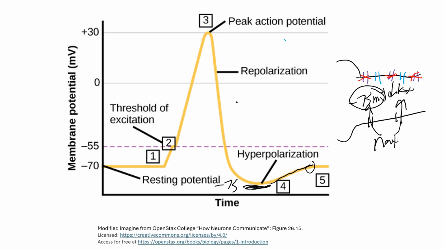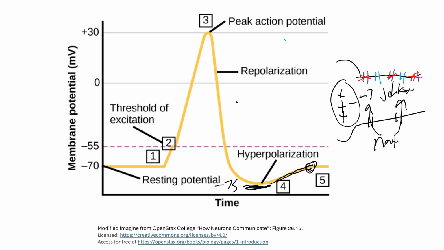So what happens here is that sodium temporarily will actually enter into the Hillock region at a greater rate than potassium will leave. And that means the cell will actually be gaining positively charged sodium ions. It'll be gaining more positively charged ions than it's losing, and that'll cause it to depolarize. And then it'll depolarize back to negative 70.